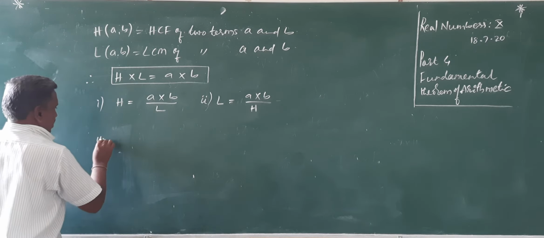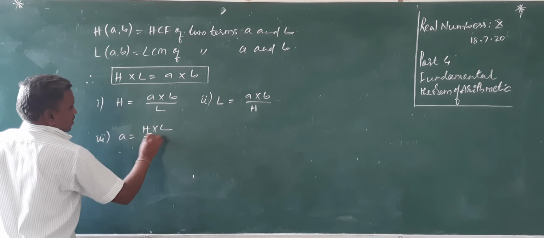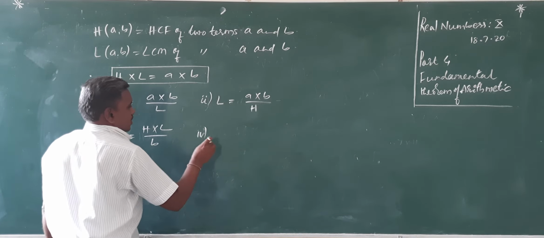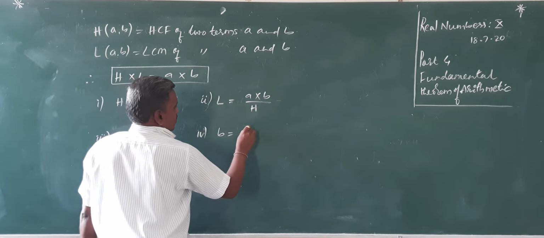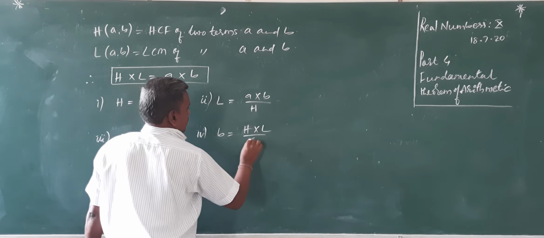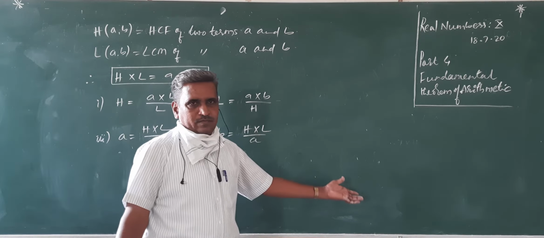Whichever term you require: A equal to H into L divided by the other term, and also we can write that B is equal to H into L divided by A. These are very important relations.